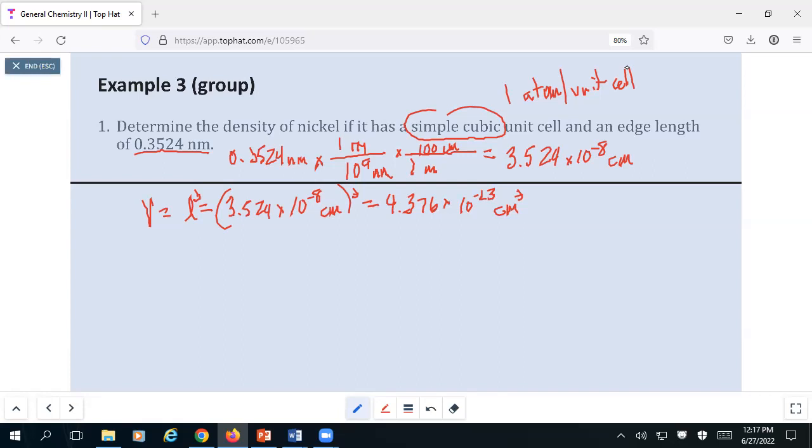And then for the mass, we're starting with one atom of nickel. There are Avogadro's number of nickel atoms in 1 mole, and every mole has within it 58.69 grams.